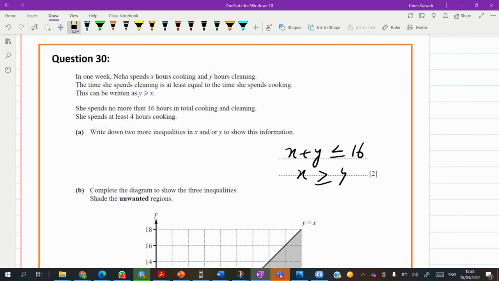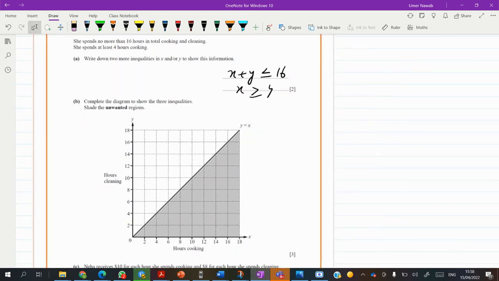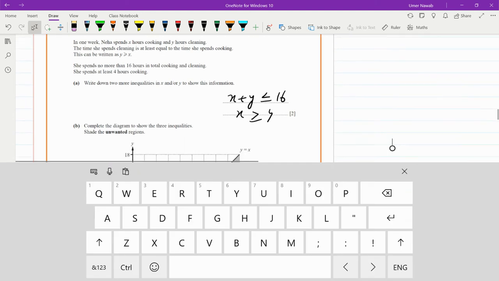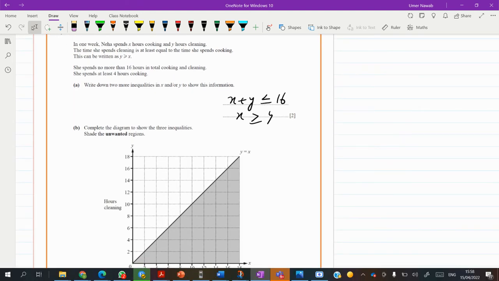So we are ready to solve, draw the regions. One region is already done by him, which is y greater than or equal to x. This line I will try to draw. Look at that, x plus y is equal to 16. So guys, if I put x equal to 0, y is 16.